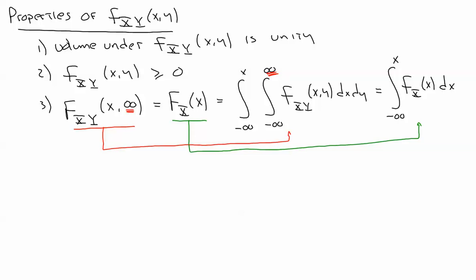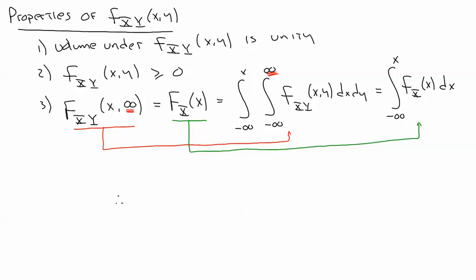So these things are all equal to one another. Interestingly, if I have two integrals that are equal to one another, then the integrands have to also be equal to one another. All right? So, from this sequence of things that are equal, I can make the following statement.